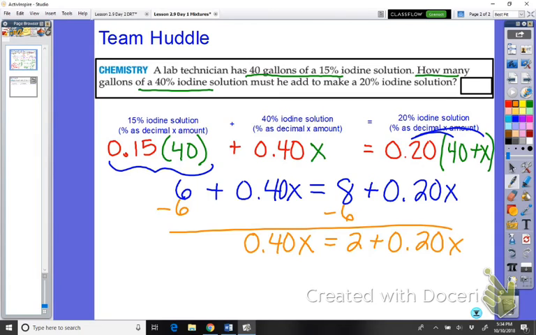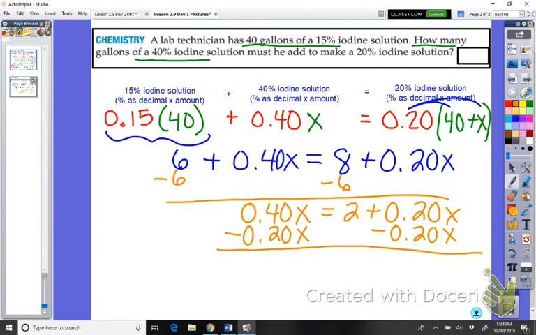After that, I need to get my x's to one side, so you're going to subtract 0.20x from both sides. And then divide by 0.2, and you get x is 10.